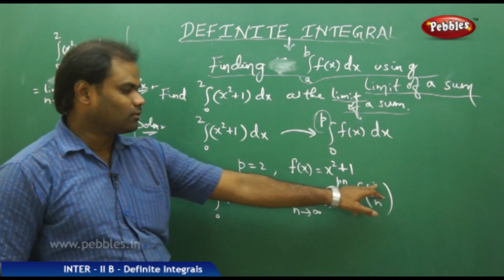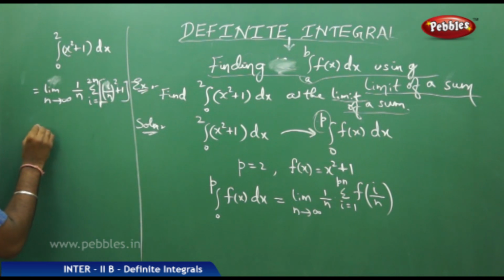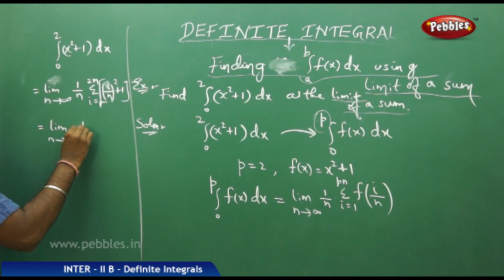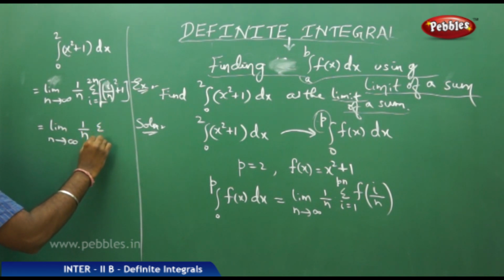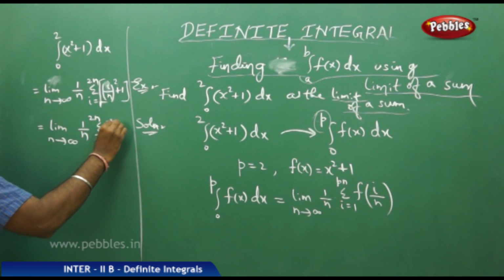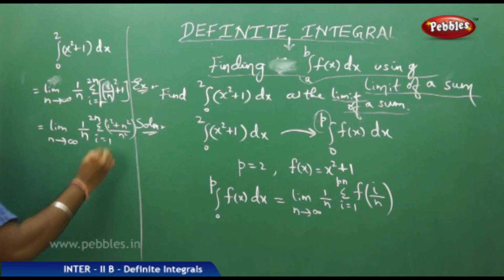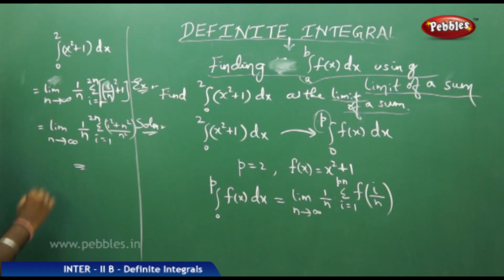So this reduces as this, and on further simplification, limit n tending to infinity 1 by n sigma i running from 1 to 2n of (i squared plus n squared) by n squared is what we get.